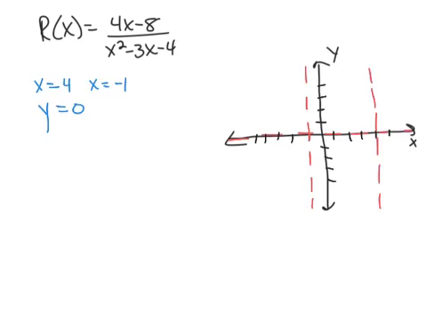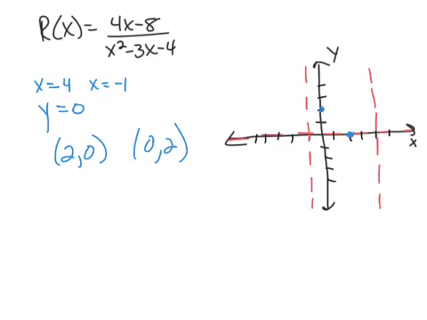Okay, the next thing is that my x-intercept was (2, 0), and my y-intercept was (0, 2). So I can plot those 2 points, (2, 0), and remember, in the middle of the function I can cross the horizontal asymptote, but out on the ends I don't do that, and (0, 2).